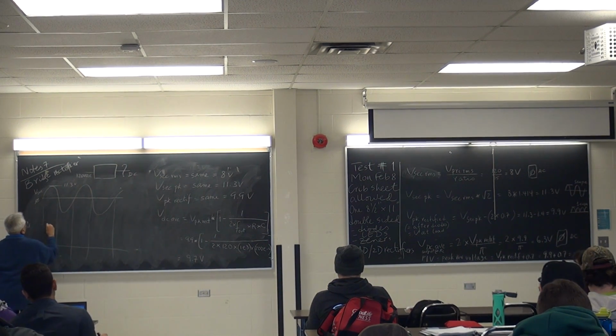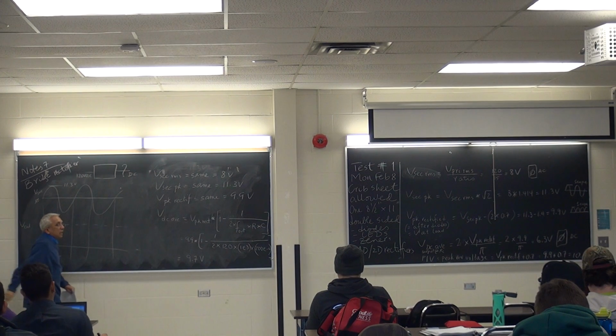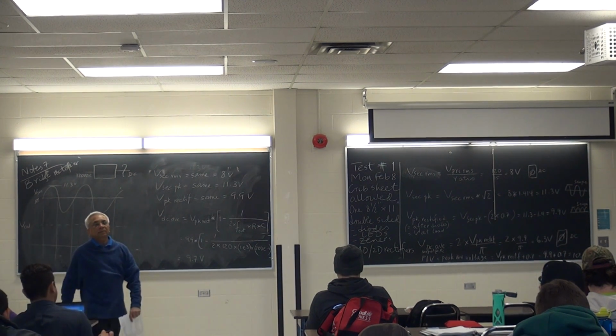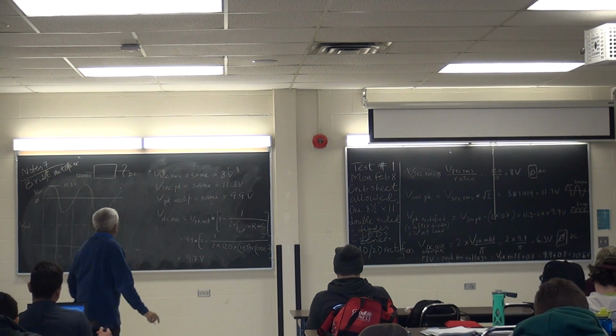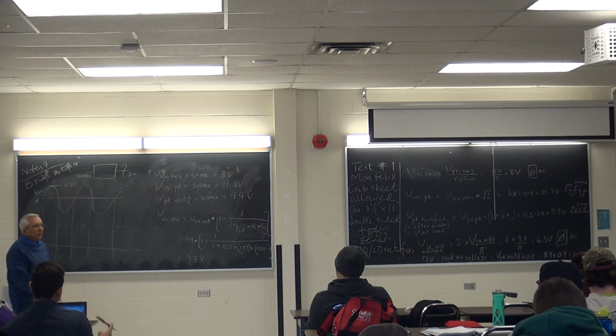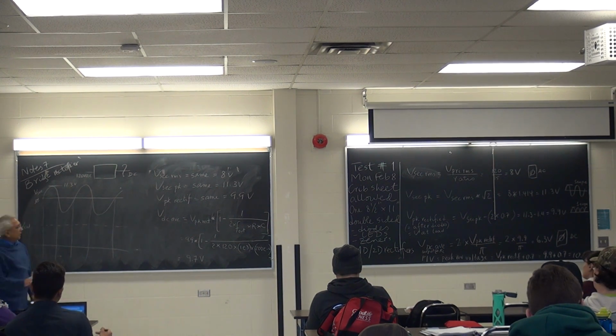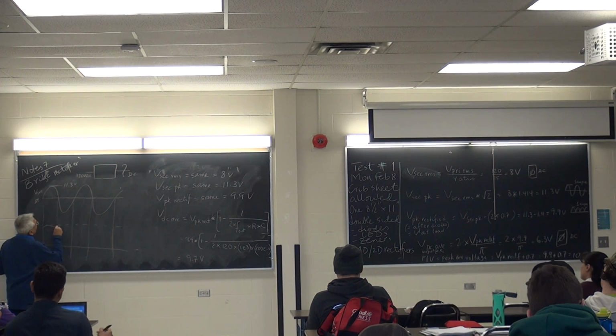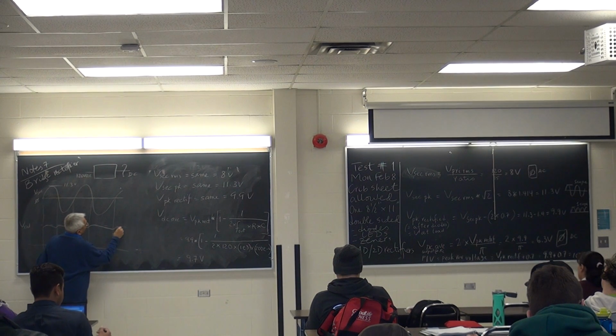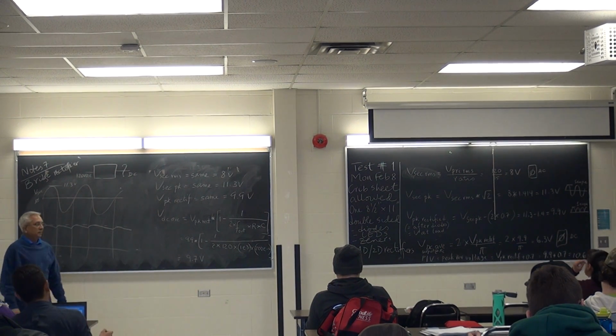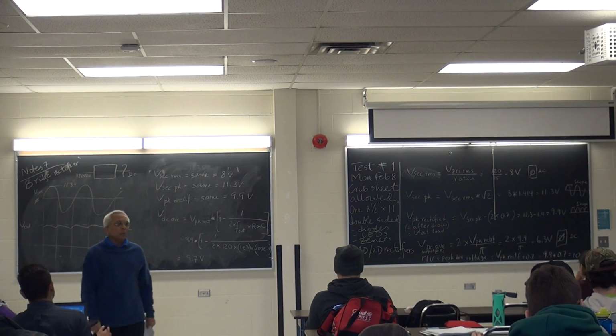So, I'm going to use the dotted line guides, and I'm going to draw a graph that I'm going to exaggerate a little bit. So I'm going to draw the graph like this. That's what I will see on the scope.